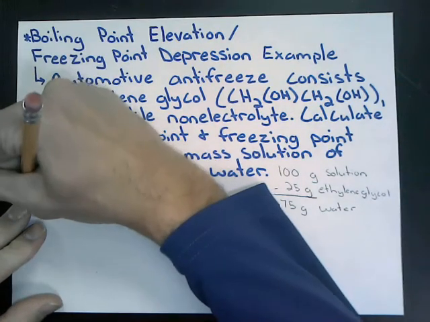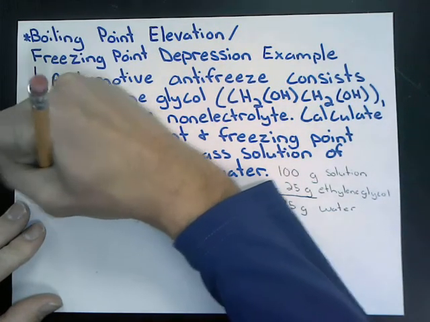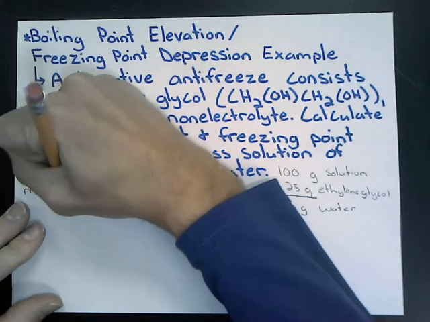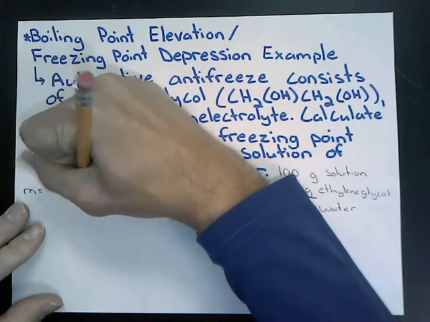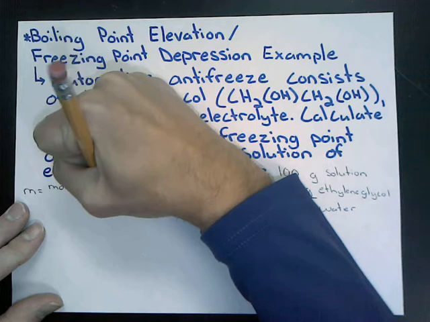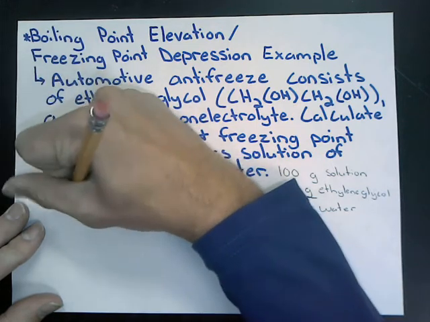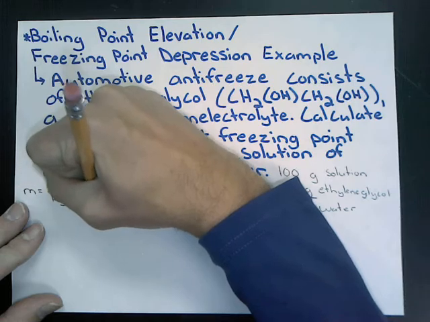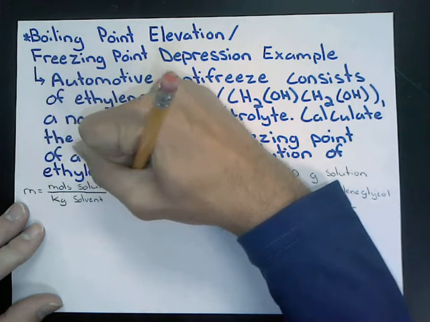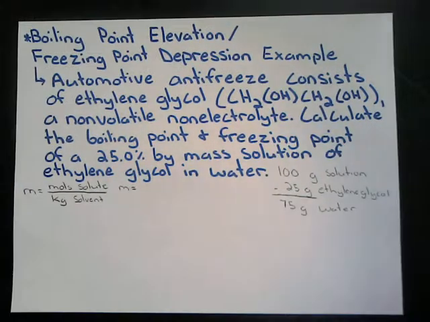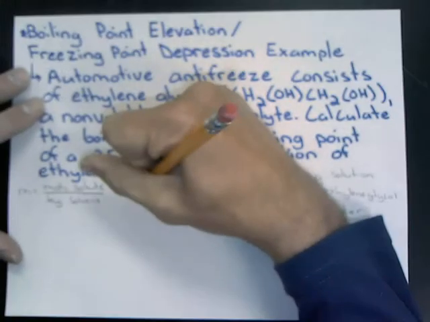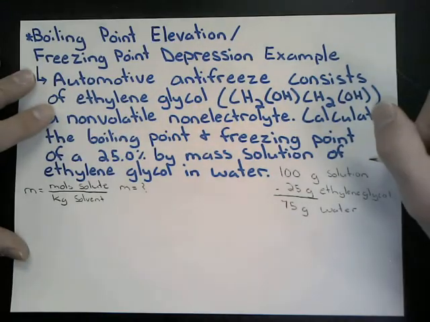So just as a reminder, our little m is going to be equal to the moles of our solute divided by the kilograms of our solvent. Our m for molality, we don't know. If we knew it, we wouldn't be going through all this trouble.